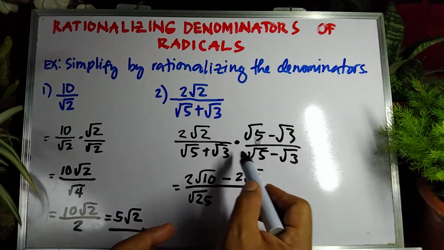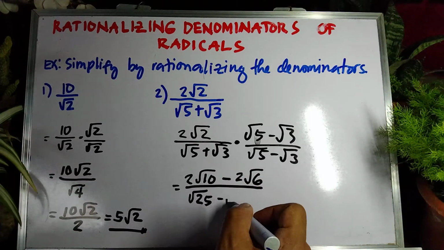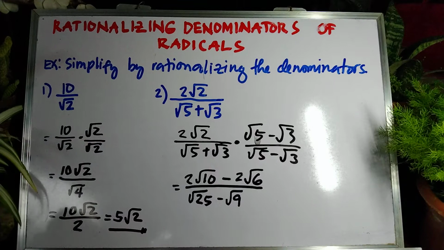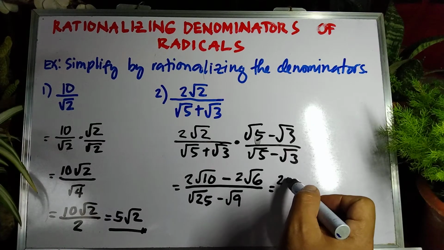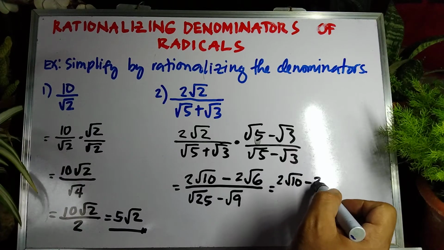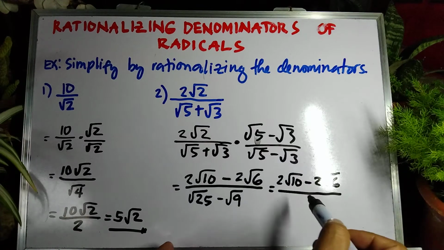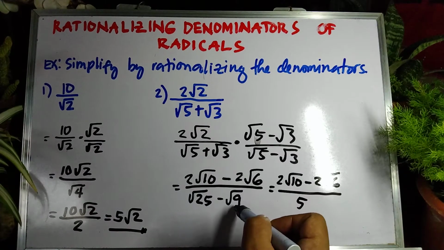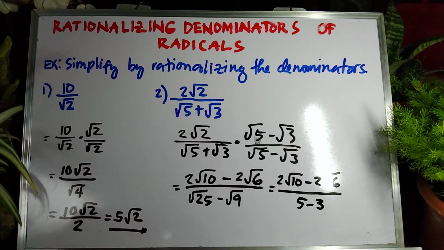So the last is square root of 3 times negative square root of 3, minus square root of 9. Am I correct? So now we have 2 square root of 10 minus 2 square root of 6 whole over, what is square root of 25? That is 5. What is square root of 9? That is 3. So, let's continue.